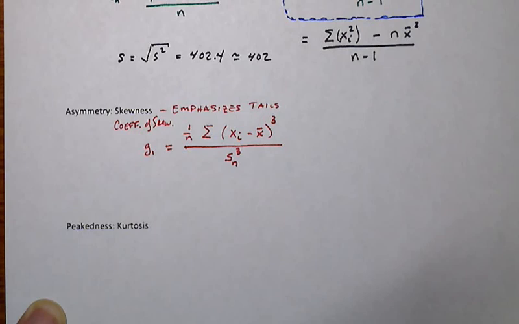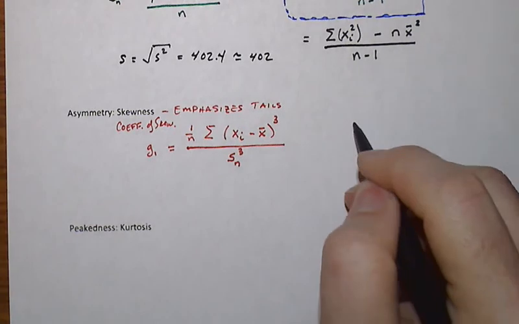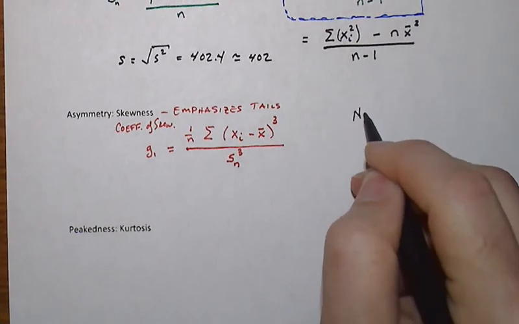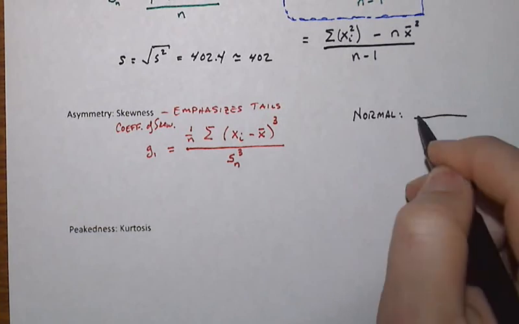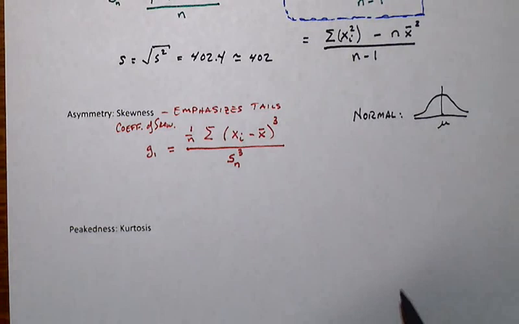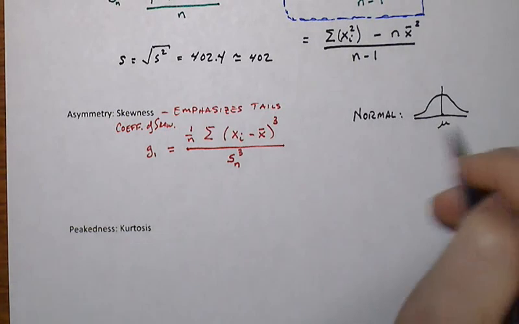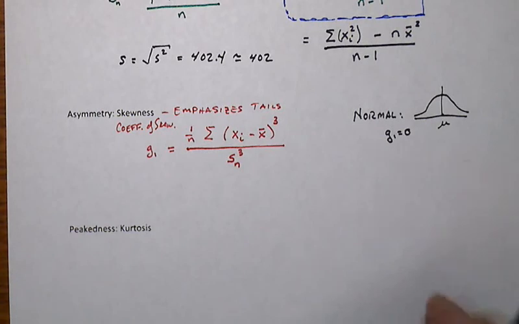Okay, and we're still left with, well, how do I interpret what that number is? So let's go back to a distribution such as the normal distribution, which is symmetric about its mean. Right? And in that case, for the normal distribution, the skewness is 0.